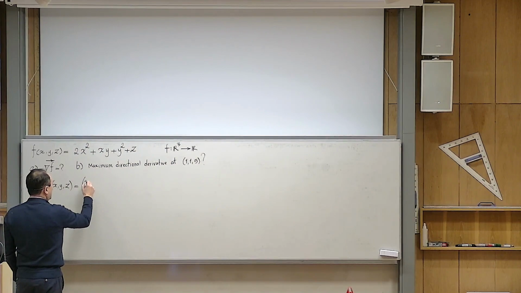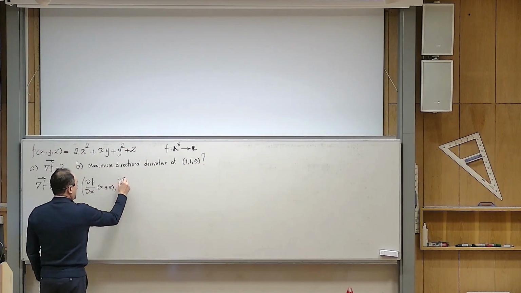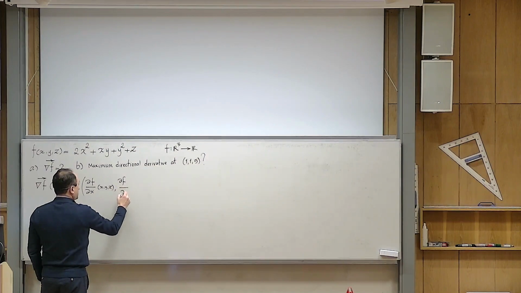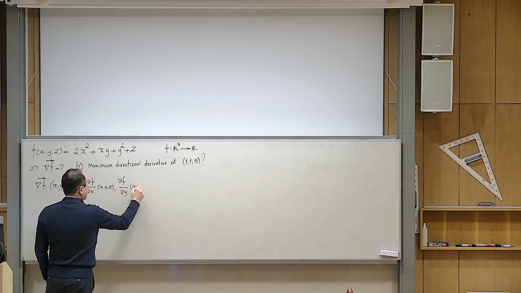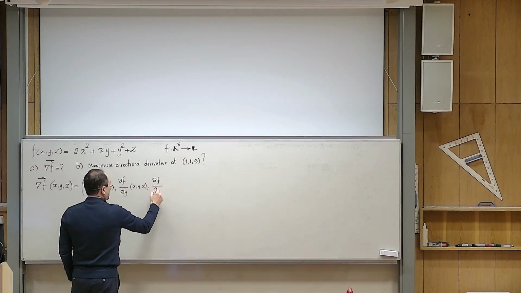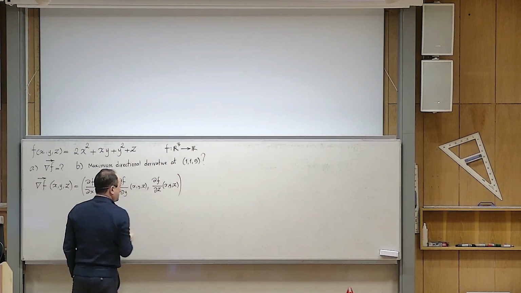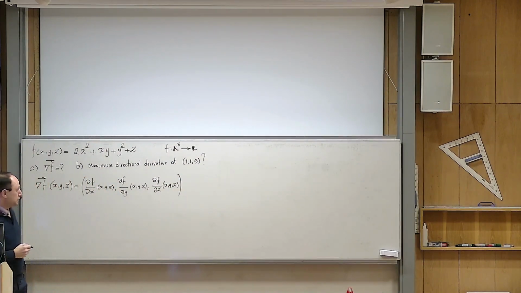The first component is the partial derivative of f with respect to x calculated at that point. And then the second component is the partial derivative of the function f with respect to y calculated at that point. And similarly, the third component is the partial derivative of that function with respect to z calculated at that point. So let us just calculate each one of them individually.